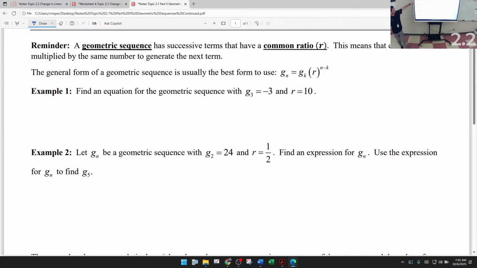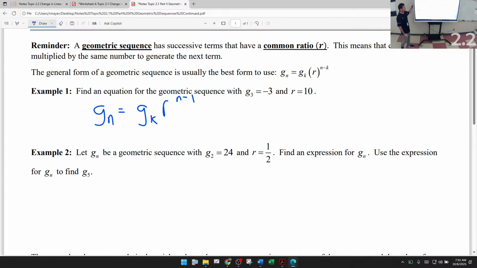Find an equation for the geometric sequence where G3 is -3 and R is 10. So I know that G3 is -3, and we know that G sub n is equal to G sub k times R to the n minus 1. Okay? You just got to memorize that. Like I said, there's no other way to do that but to memorize it.